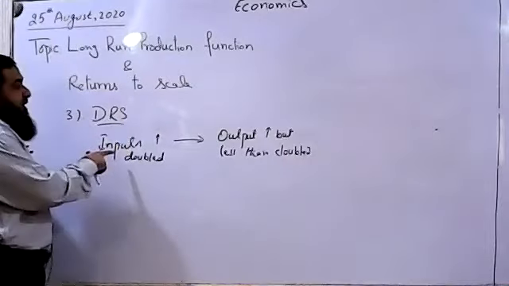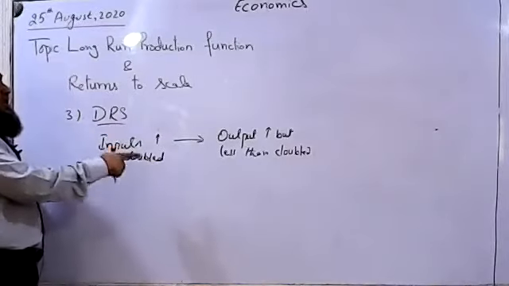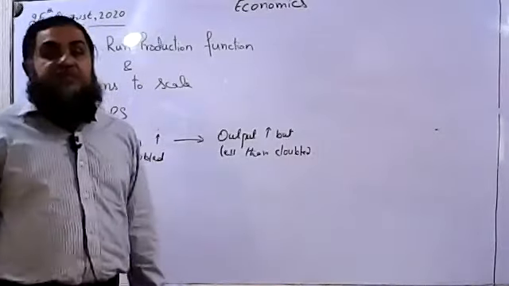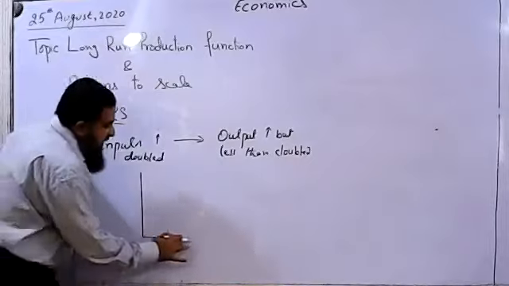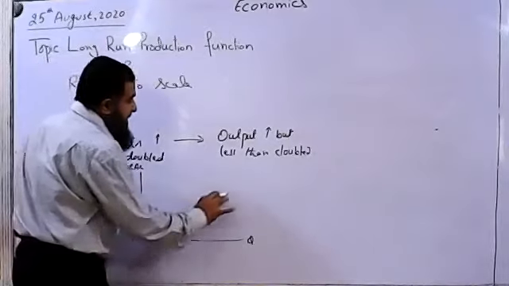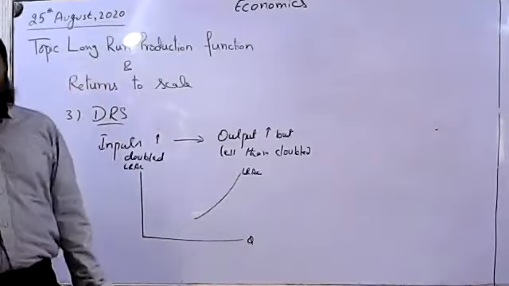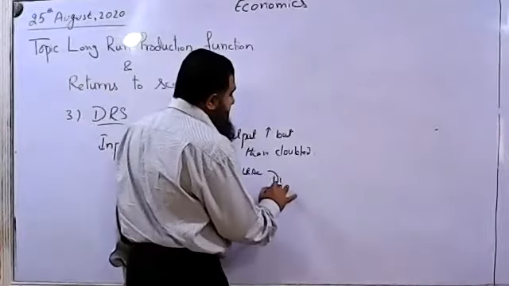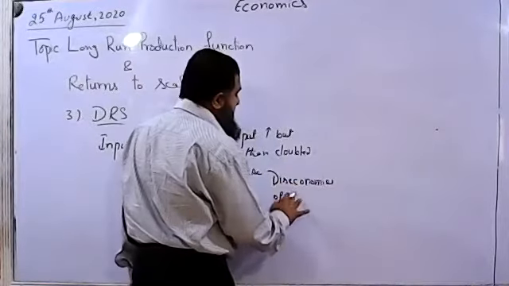So in this case, when output is not increasing by the same or a greater proportion, but has increased by less than the proportionate change in inputs, then the long run average cost of production for the producers will also be increasing. We say this is now long run average cost. When long run average cost of production is increasing, we say this firm is facing diseconomies of scale in the long run.